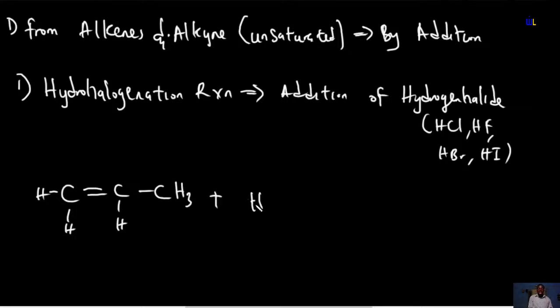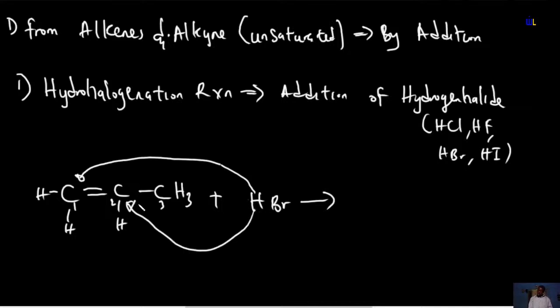Now, if you're adding HBr, for instance, will H attack carbon number 1, or will H attack carbon number 2? This is carbon number 1, carbon number 2, carbon number 3. That's the question that Markovnikov answered.